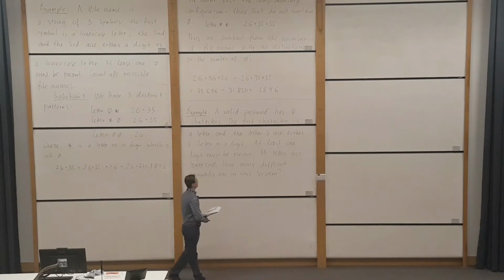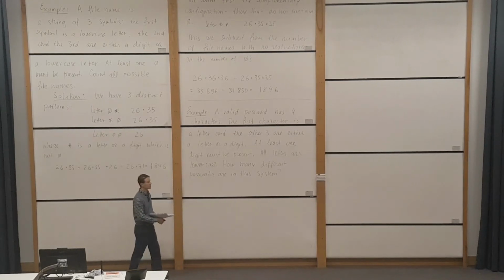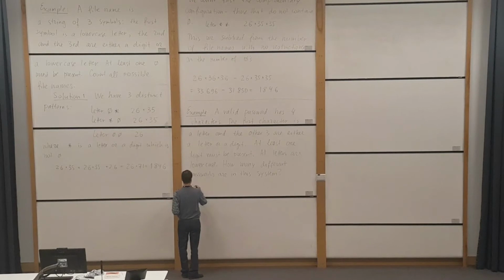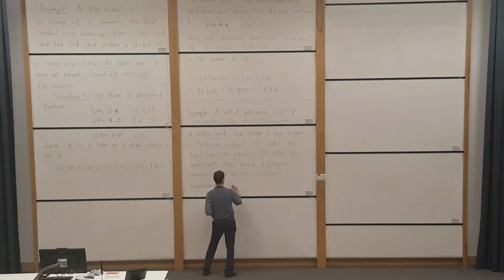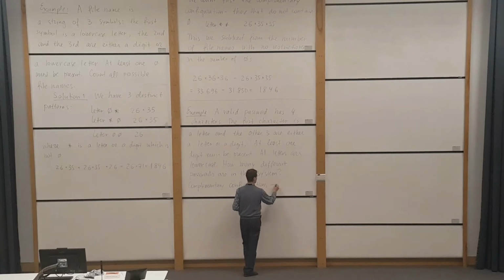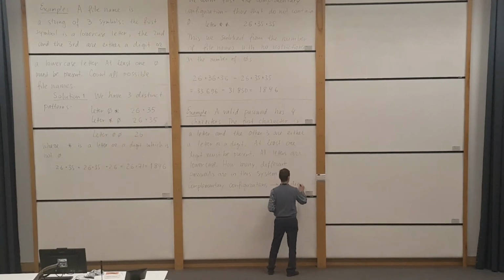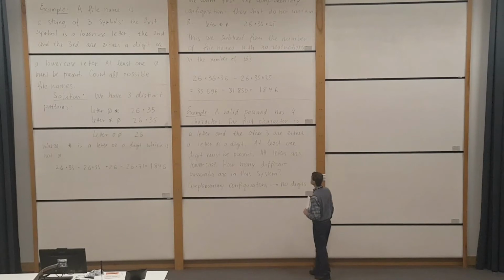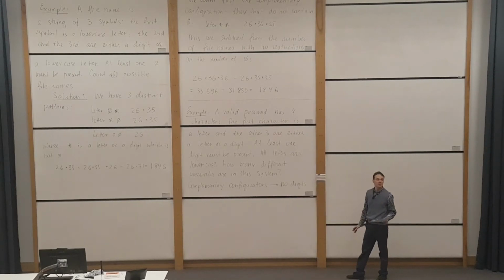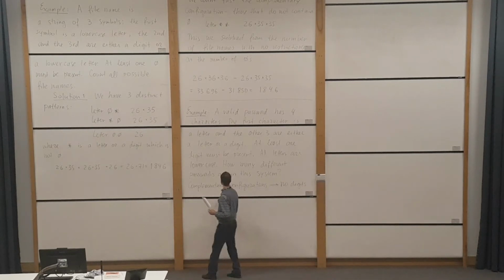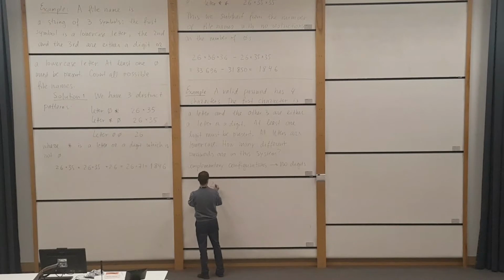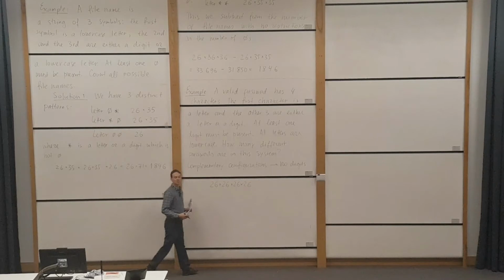It's very easy to formulate which ones are complementary, those with no digits. So in each of the 4 positions, we must have a letter. So we have 26 choices. So this gives us 26 times 26 times 26 times 26, for each of the 4 positions.